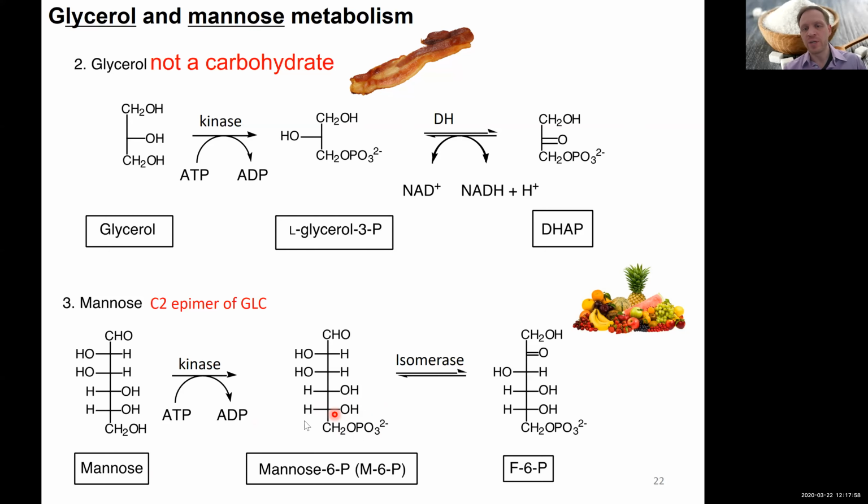And then in order to make this a glycolytic intermediate, we're using an isomerase, very much similar to the isomerase we used in reaction 2 of glycolysis. We are converting the carbonyl group here at C1, we're moving it to C2. What we are generating here is fructose 6-phosphate, our glycolytic intermediate. So job done, we have brought in mannose into the glycolytic pathway via fructose 6-phosphate.